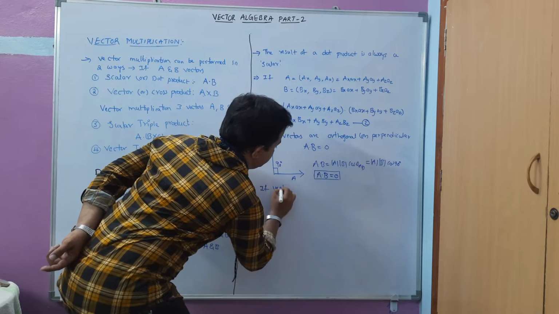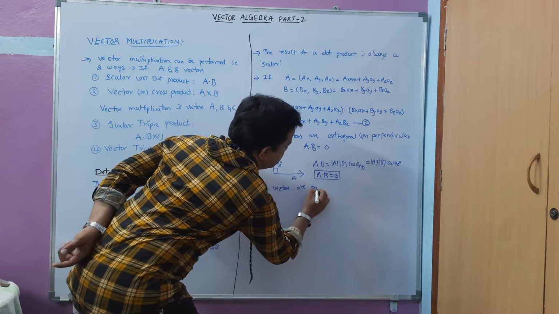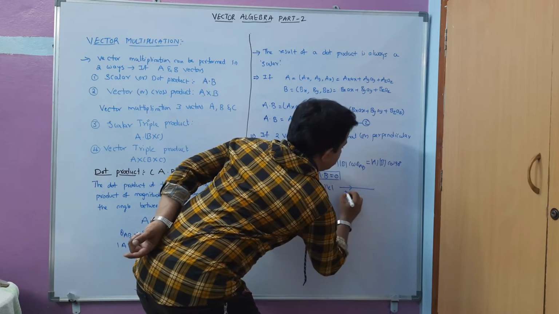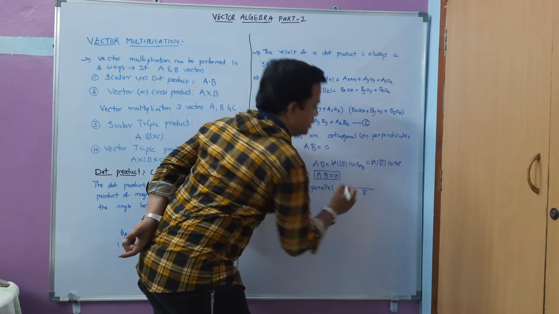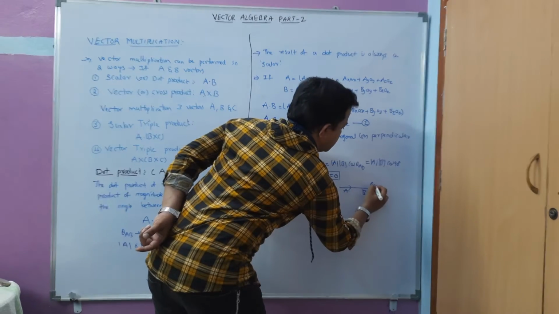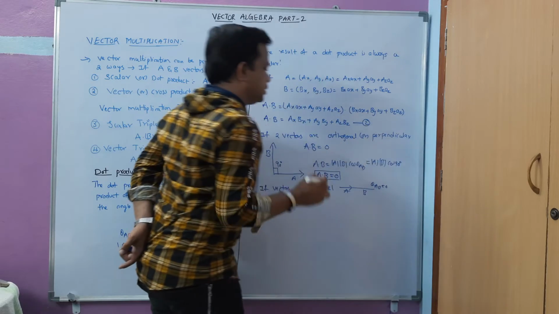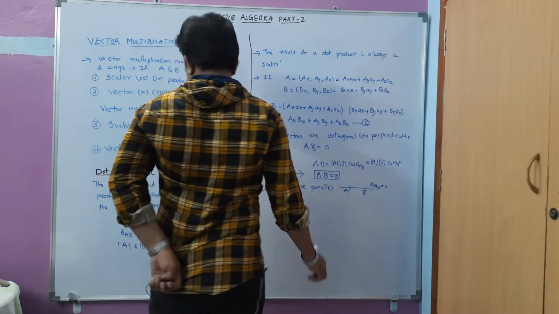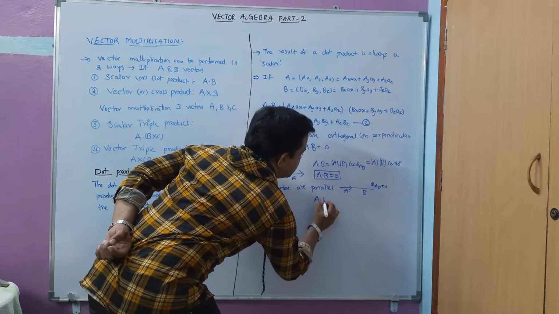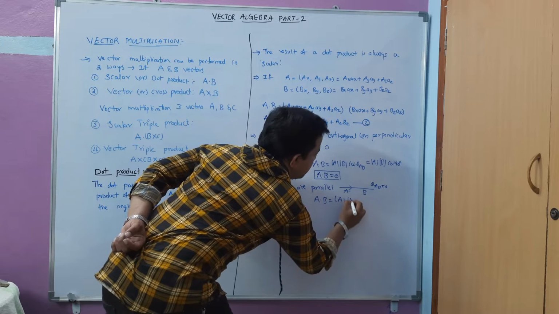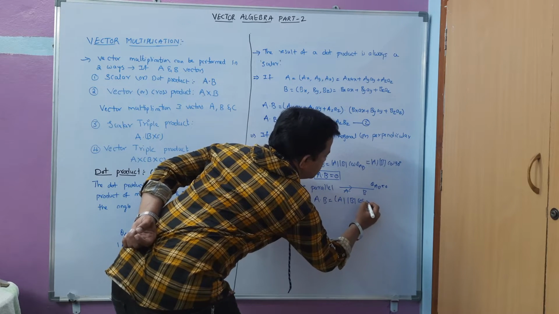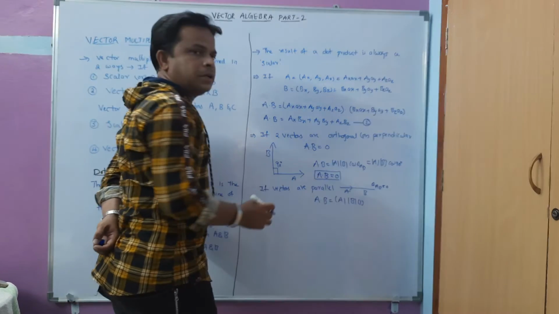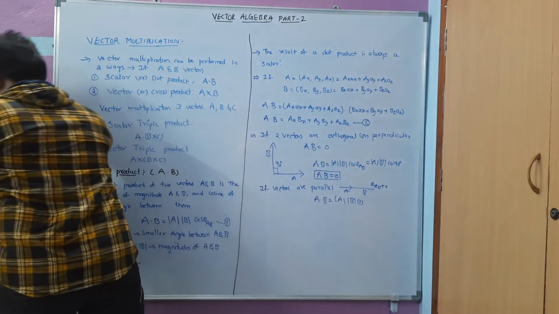Similarly, if the vectors are parallel, that is, the A vector is lying on the B vector, A and B are in the same direction, then there is no angle, that is theta of AB is 0 degrees. So the dot product is A dot B equals mod A mod B cos theta of AB; cos 0 is 1 here, so I will get only the magnitudes A bar and B bar.